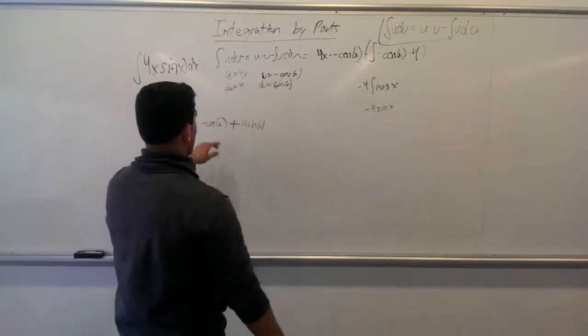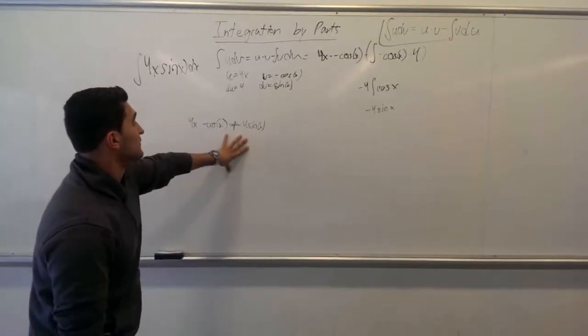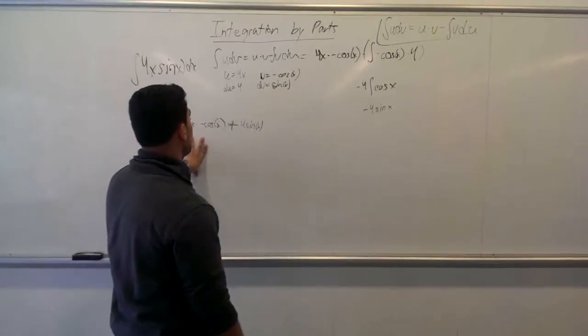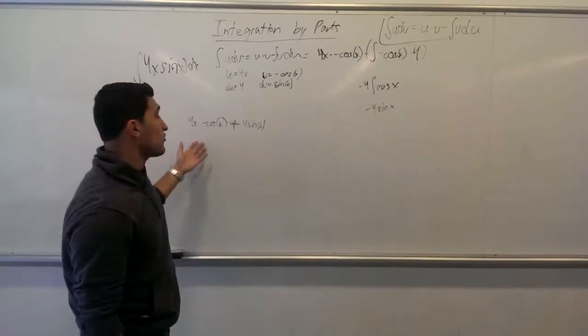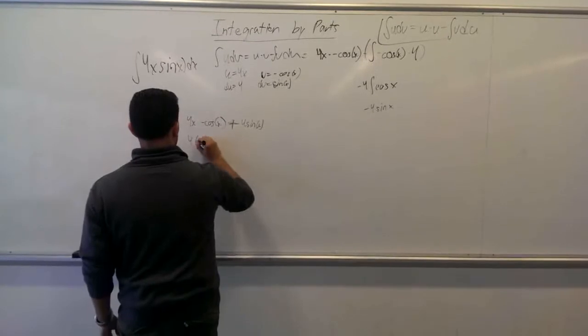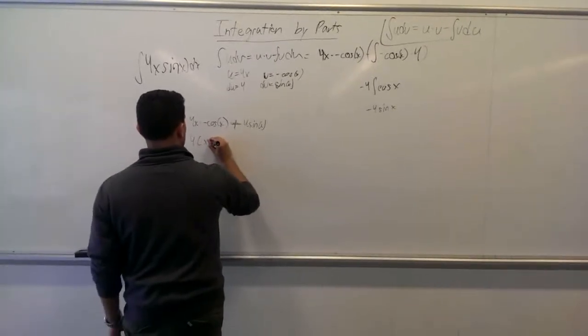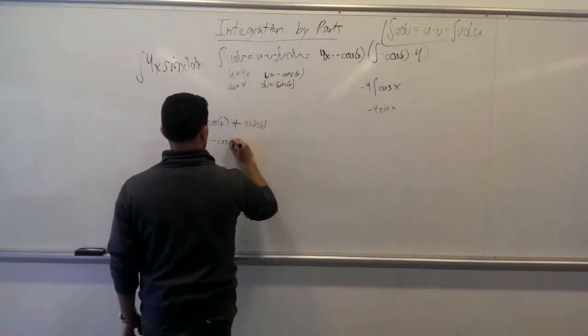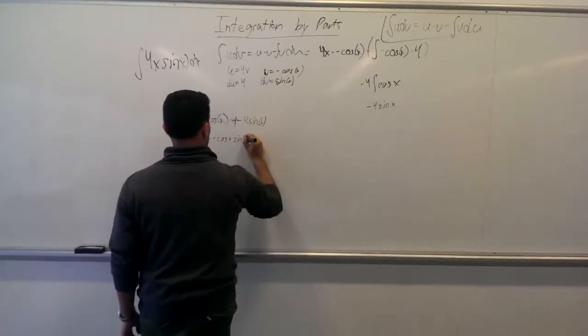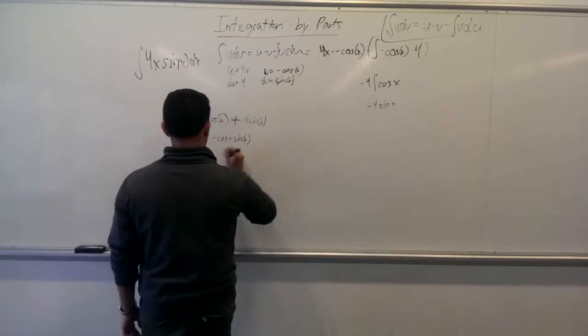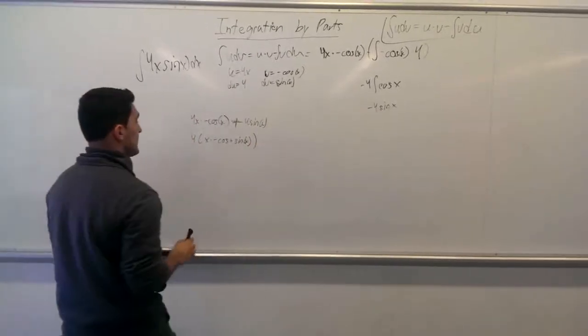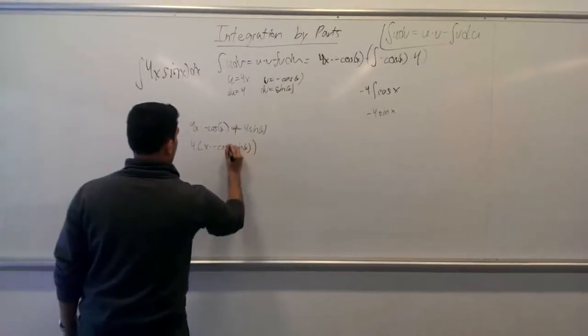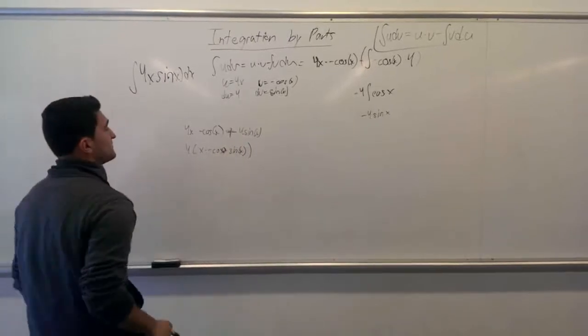This is your solution, but you can simplify this out, for example, we could take out the 4's. So all you're really going to get is x times negative cosine plus sine of x. And that is the answer to the first question.